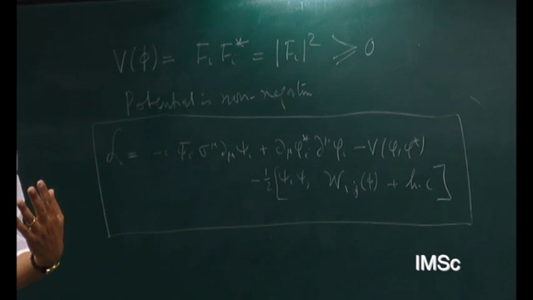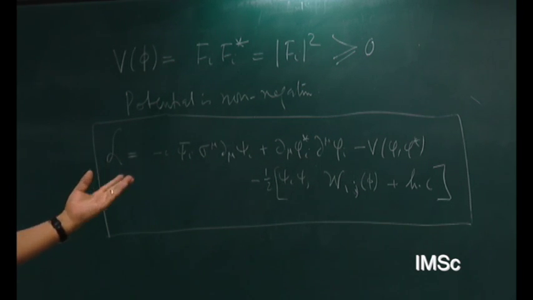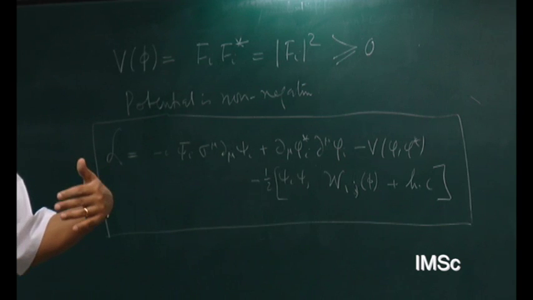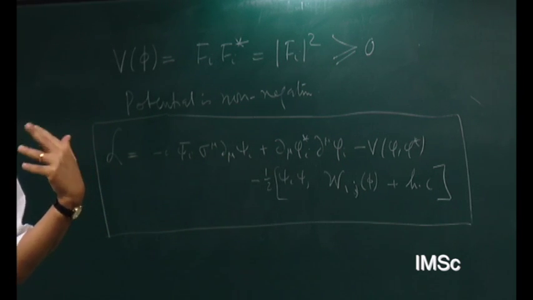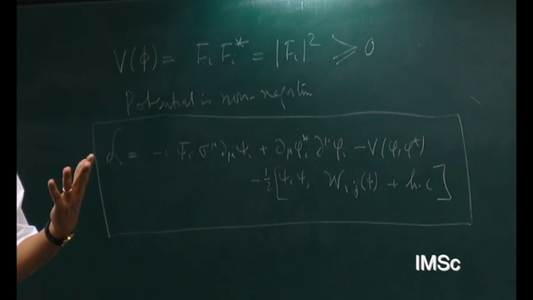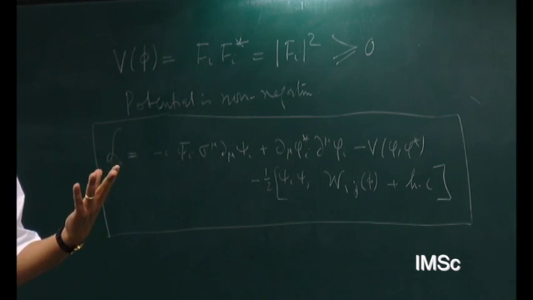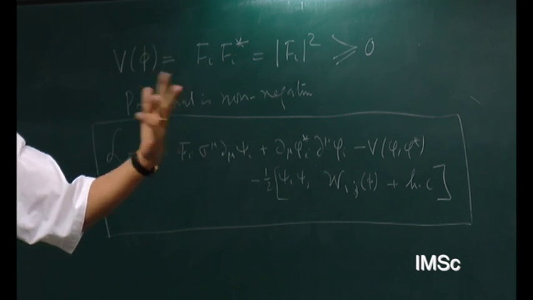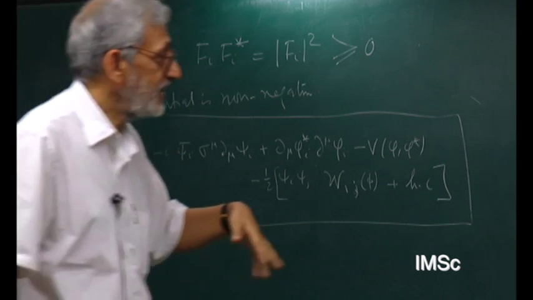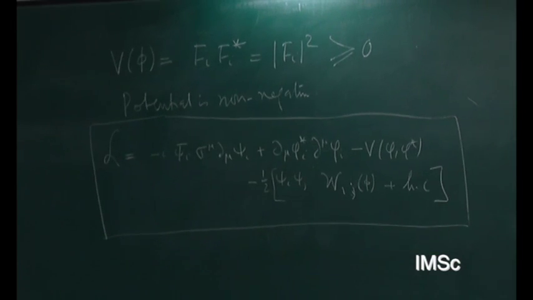But now, because they have dynamics, we have eliminated F's. We don't have off-shell equality of Bose-Fermi degrees of freedom because we have eliminated F. If we had not eliminated F in this Lagrangian, there is Bose-Fermi equality.